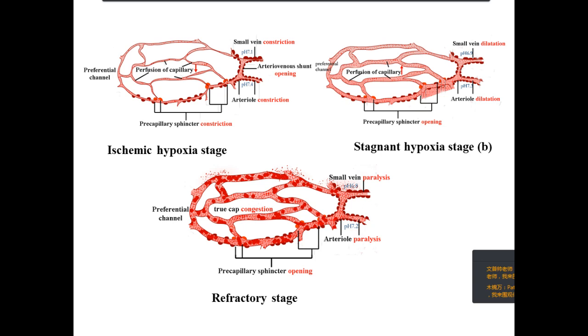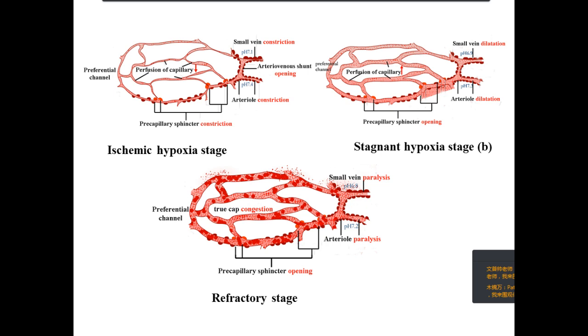First, the ischemic hypoxia stage, alteration of microcirculation and tissue perfusion. Vasodilation or vasoconstriction? The pre-capillary resistance vessel and the post-capillary resistance vessel both constrict, but which constricts more? The pre-capillary resistance vessel constricts more.